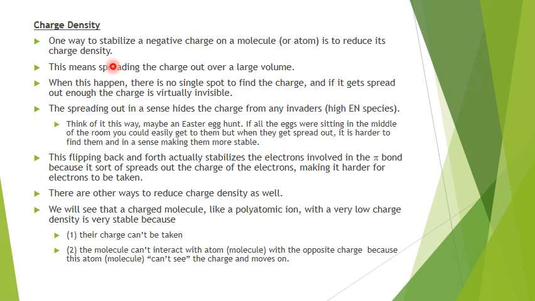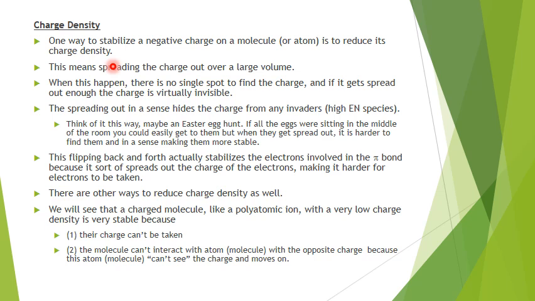Okay, so for instance, if we look at a polyatomic ion like sulfate, SO4 2 minus. So sulfate has 2 extra electrons. That molecule is very stable. It has 2 extra electrons. Those 2 electrons are very happy on that structure.